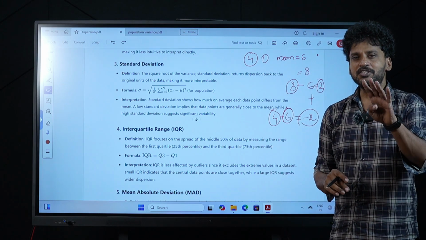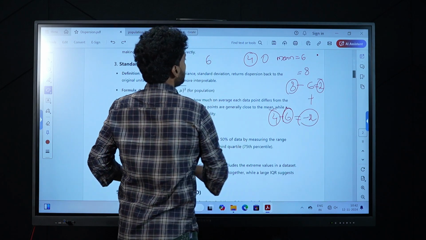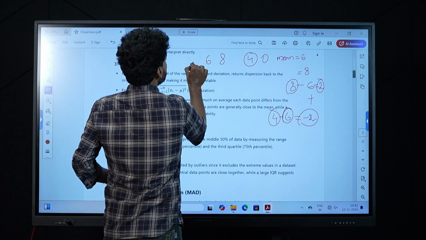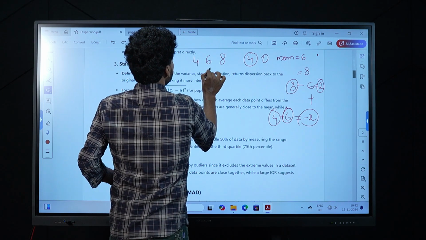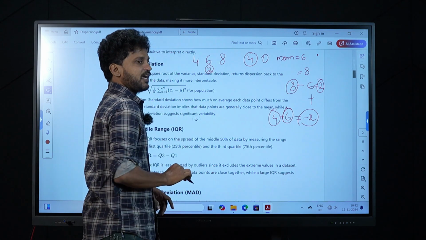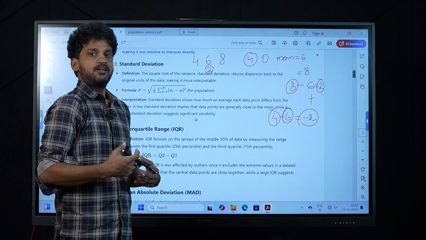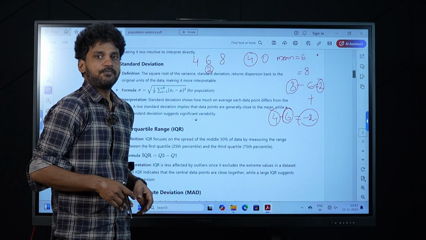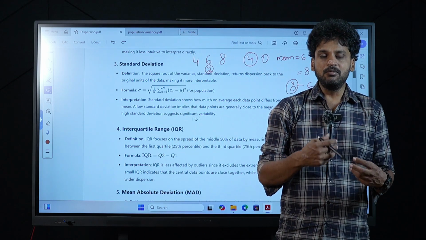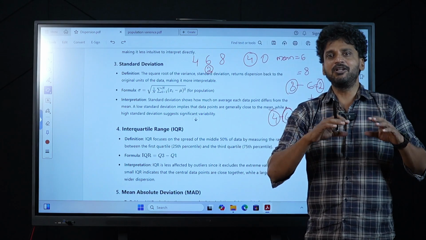But actually the total range is equal to 4. From the mean 6, one data point is at 8, one data point is at 4. So we have a spread of 2 on each side, but the minus 2 and plus 2 actually get cancelled here. This is the biggest problem. It should tell you how widely or how closely the data points are spread, and we should be able to identify the exact range, but a negative sign is going to ruin all of this.